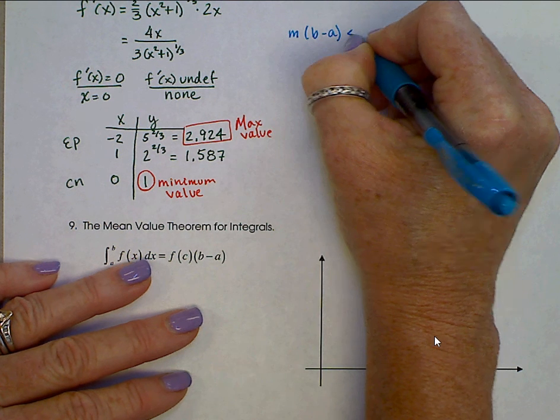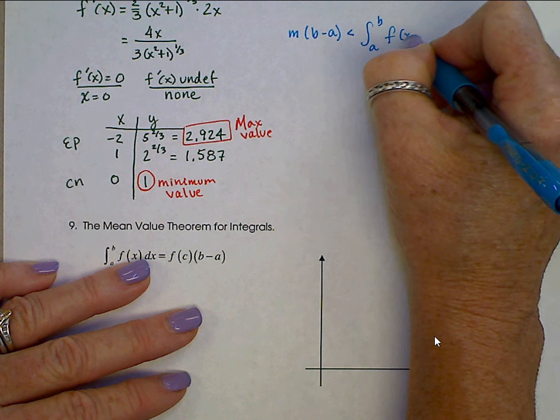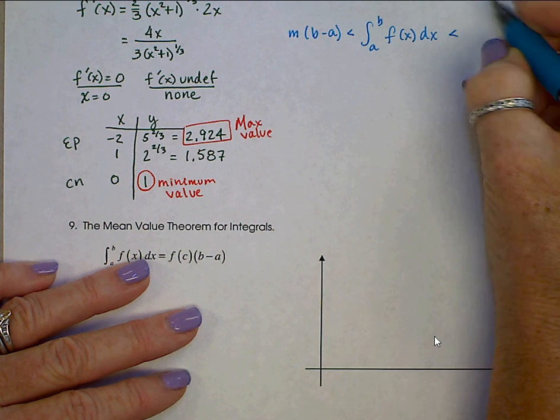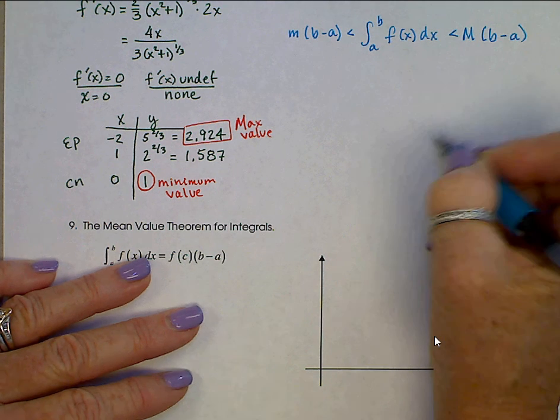So we know then from the previous page, again, that little m times (b minus a) is less than the integral from a to b of f of x dx, which is less than big M times the interval (b minus a).